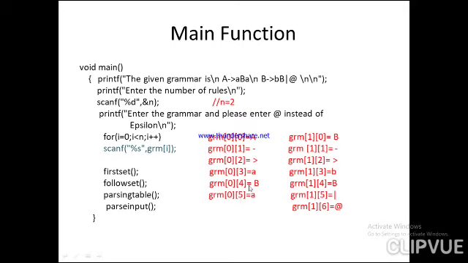Remember this one. When you are typing these two productions, after you type A determines ABA, you go to the new line. Don't type the grammar in the same line. This will not work if you type the grammar in the same line. You need to go to the next line, then only this will be taken properly. Otherwise you will get a wrong output. So remember this point properly.